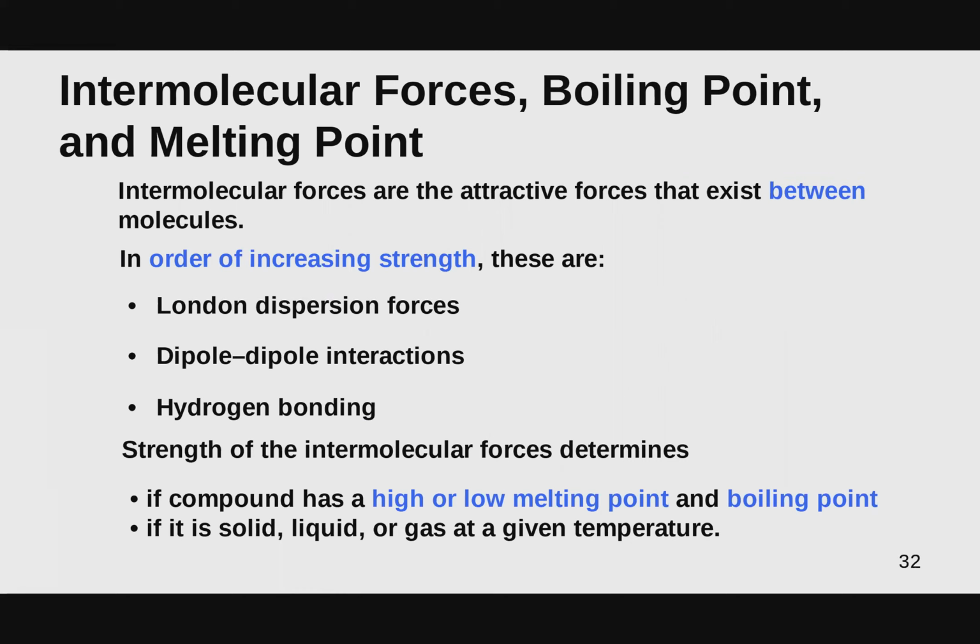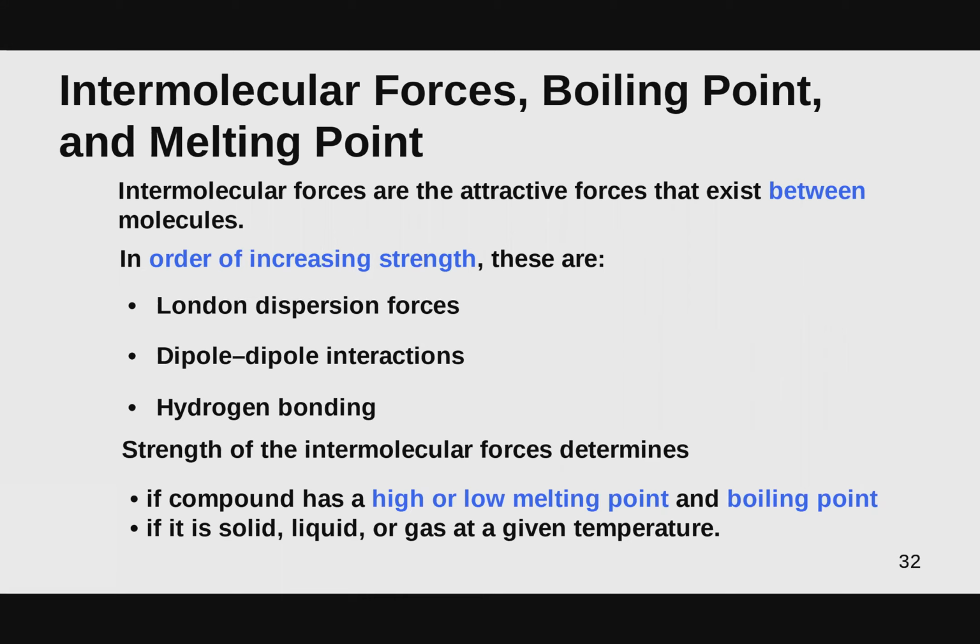Now, this leads us to describing some interesting aspects of two things we've talked about thus far, which is boiling point and melting point. Now, we have what's called an intermolecular force, which simply describes the attractive forces that exist between molecules. Now, we can define three distinct types of interaction forces between our molecules in a gas, liquid, or solid.